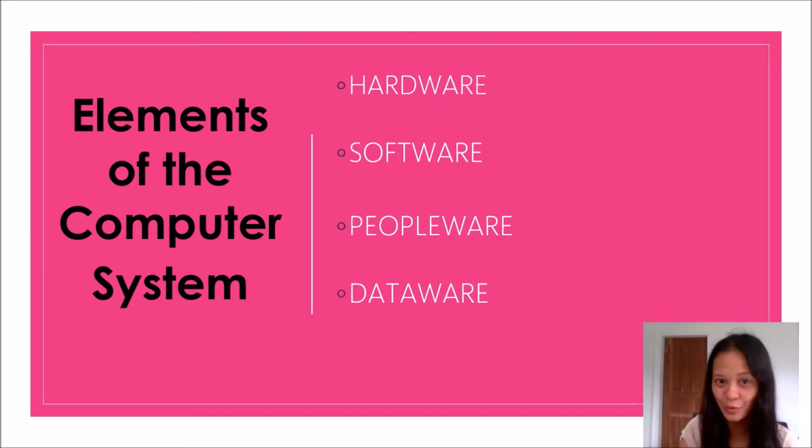We have the dataware. So before we proceed, let us focus on these words: hardware, software, peopleware, dataware. All are elements of the computer system. Now, don't you notice that each of these words is made of two words joined together to form a new word with a different meaning?